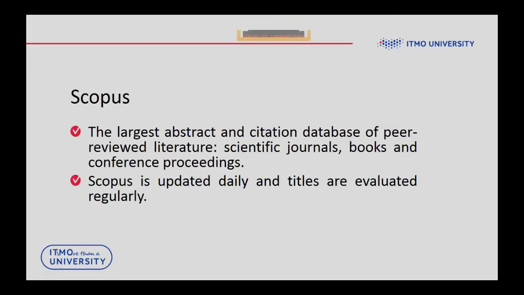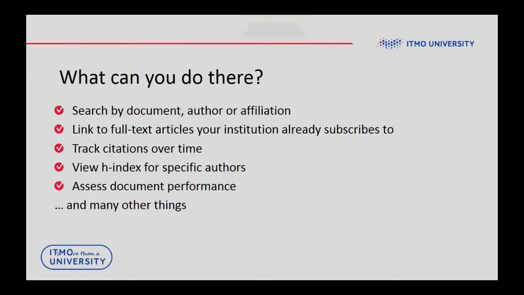Scopus is the largest abstract and citation database of peer-reviewed literature. It is updated daily and titles are evaluated regularly. It contains scientific papers, proceedings of conferences, some books, and other kinds of literature. There you can search by document, author, or affiliation.